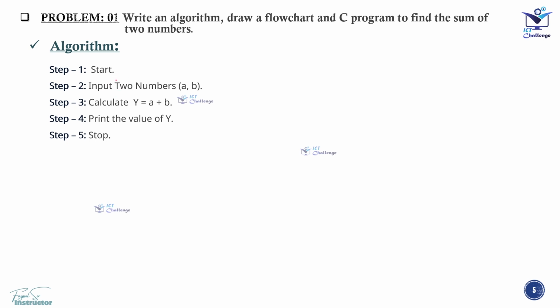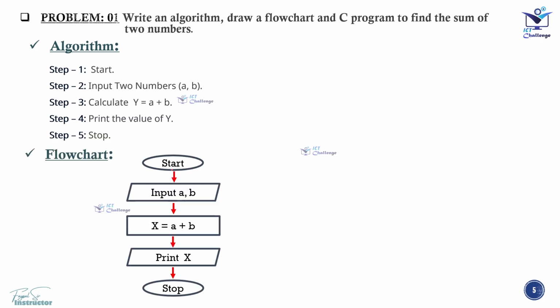If you haven't watched that video, please watch it first, then come to this video. So here: start, input two numbers, calculate y equals a plus b, print the value of y, and then stop. You can write y or x, whatever you want. So now: start, input a, b.